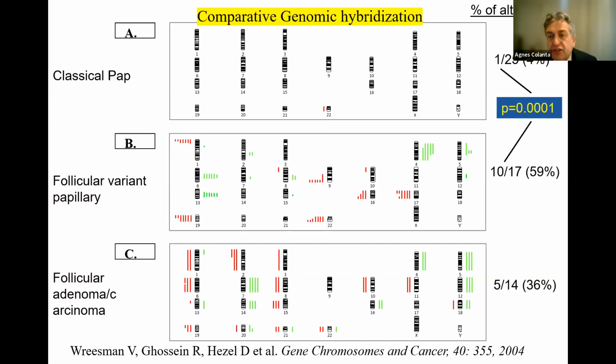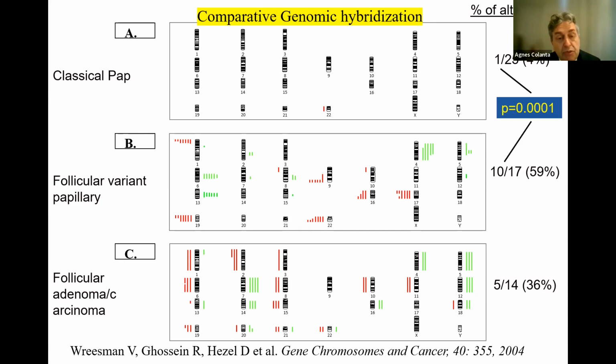At that time, at Memorial, we were also interested in this classification of the follicular variant. We ran a paper using comparative genomic hybridization, the old style, actually. You can see here on this ideogram the losses of chromosomes in red and the gains in green.